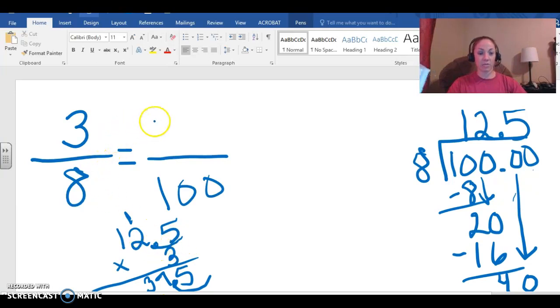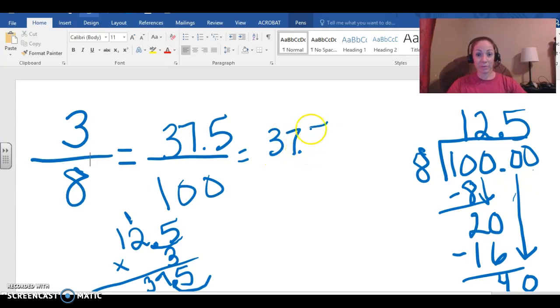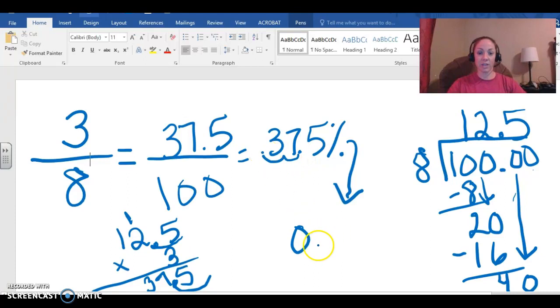That's it. So that would be 37.5 over 100, which also equals 37.5%. Or to turn it into a decimal, you still move the decimal point over 2 spots to the left, so you have 375 thousandths.